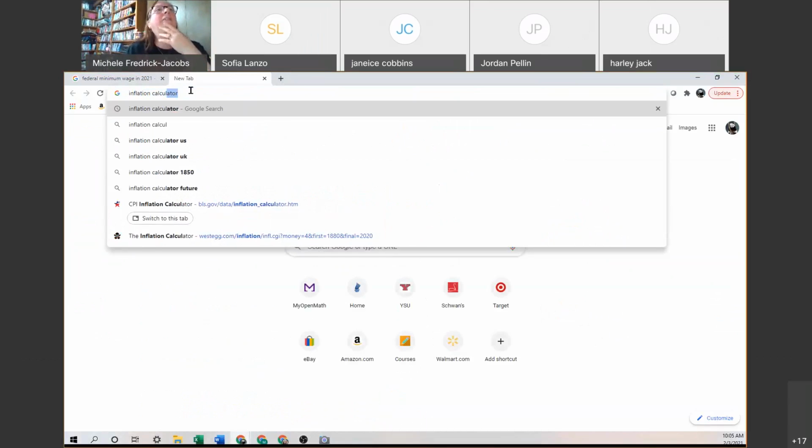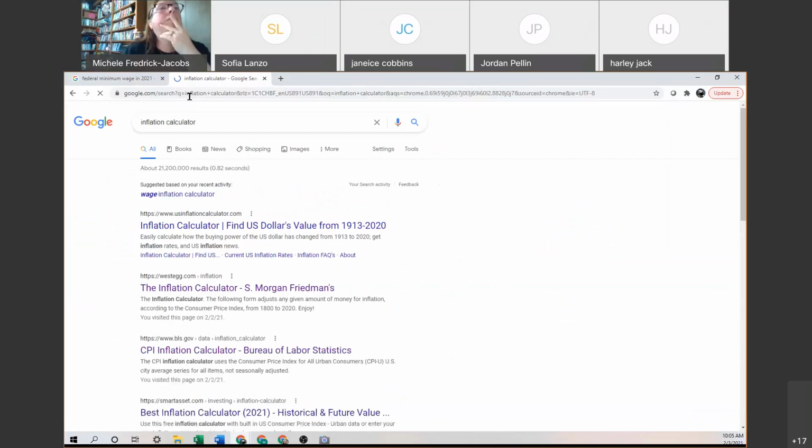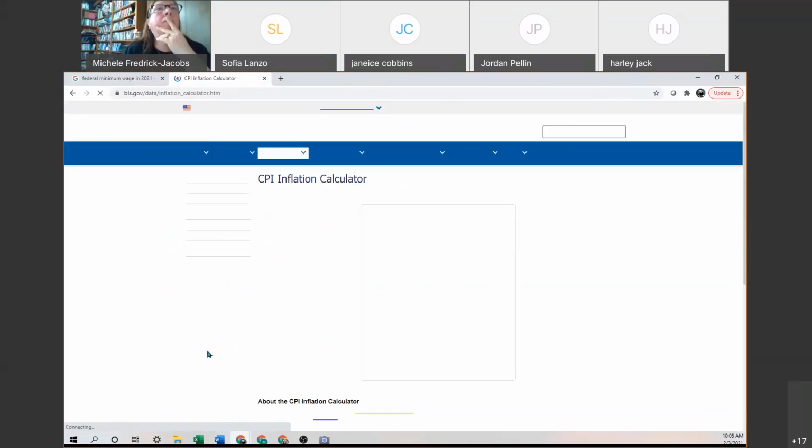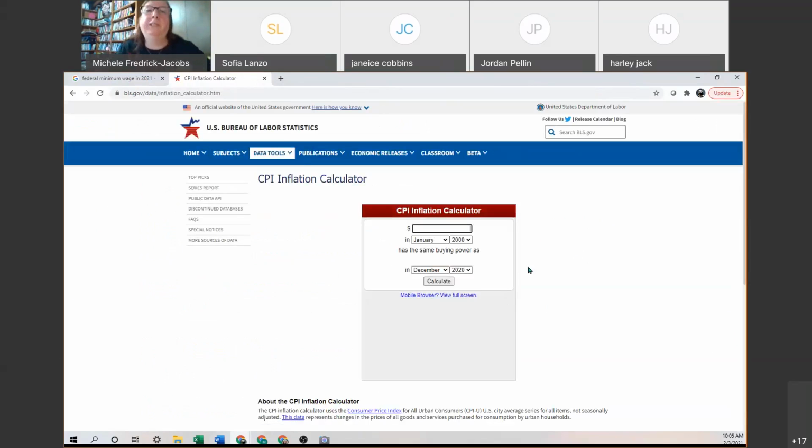We want the inflation calculator. Okay. So you can see the calculator, right? Yeah.